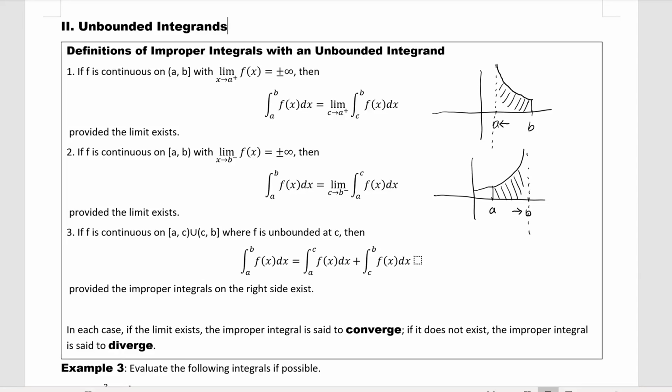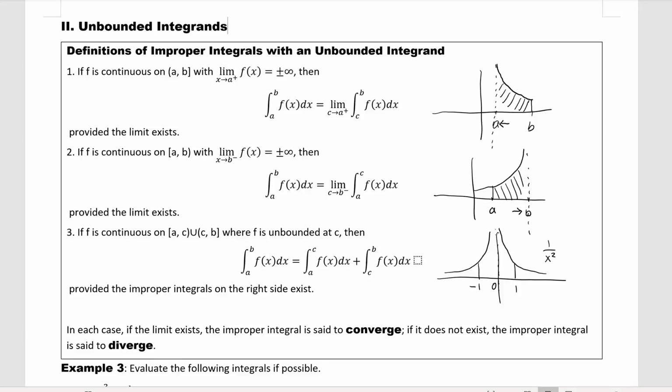Okay, so next, if f is continuous on the intervals from a to c and c to b, and f is unbounded at c, then what is that? The picture is, for example, 1 over x squared, then the function looks like that. And then how do we evaluate, for example, from minus 1 to 1? We know at 0 there is a vertical asymptote.